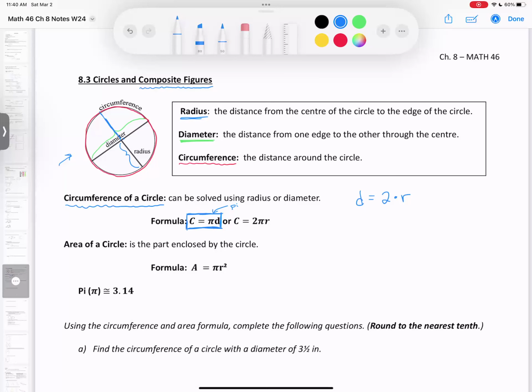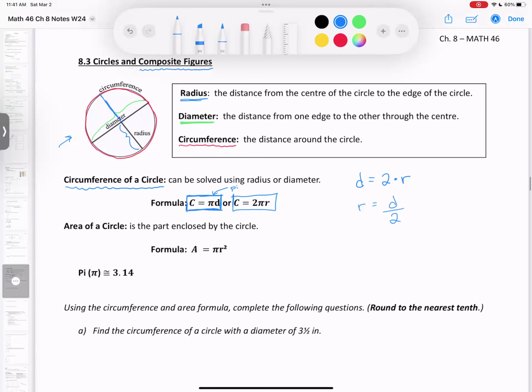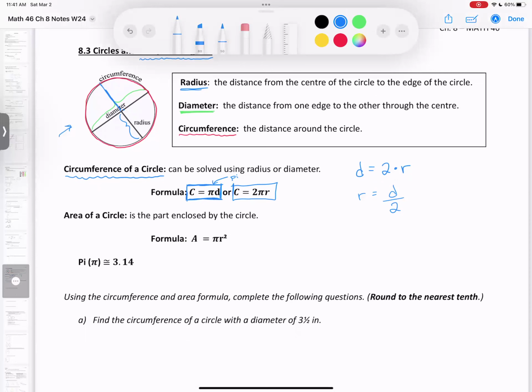So 2 times radius, or we could say radius is half of the diameter, so diameter divided by 2. So our circumference, if circumference was pi times diameter, is also going to be pi times 2 times r, or 2 pi r. So we have two formulas to use depending on whether we've been given a diameter or a radius.